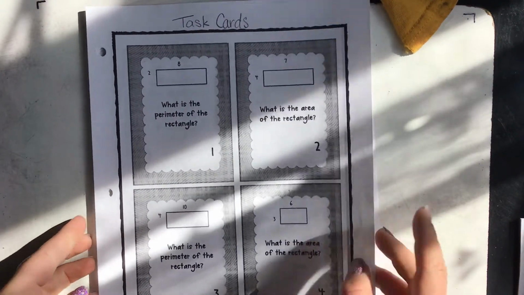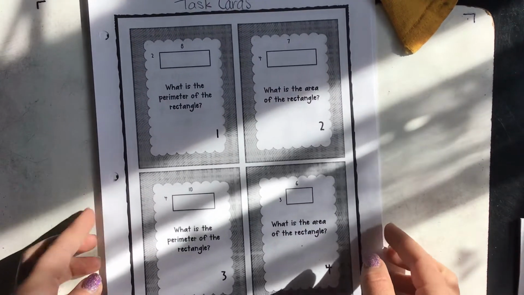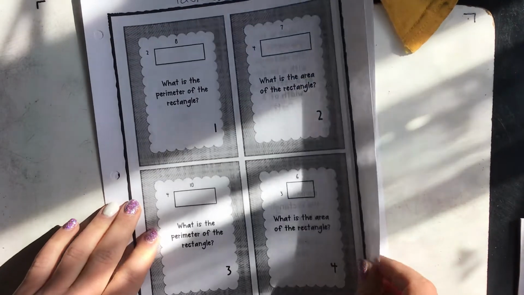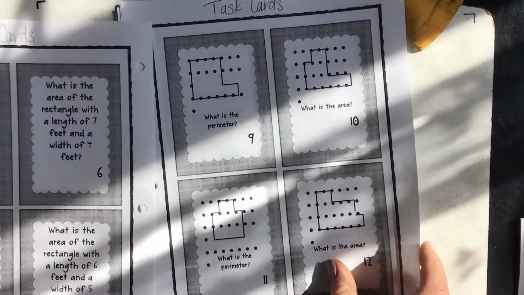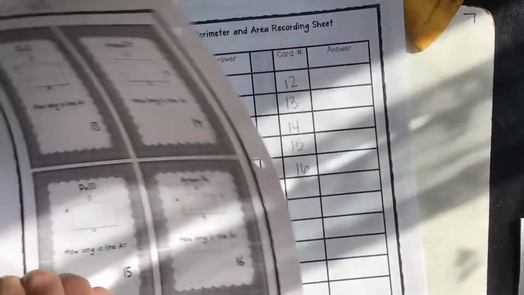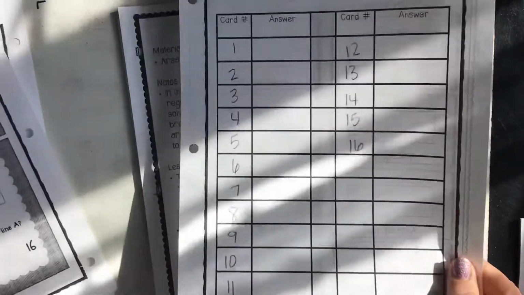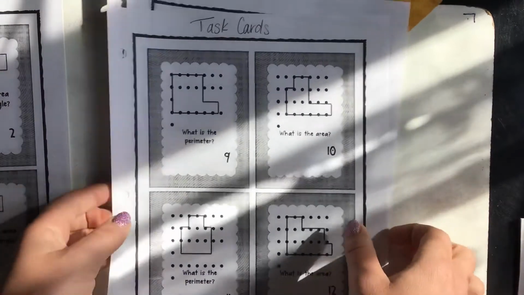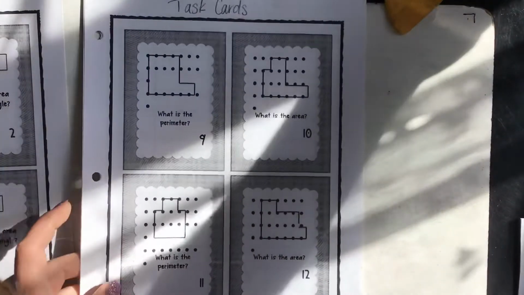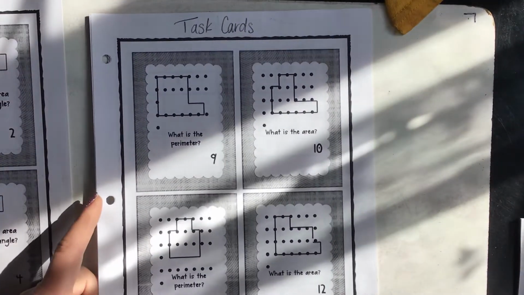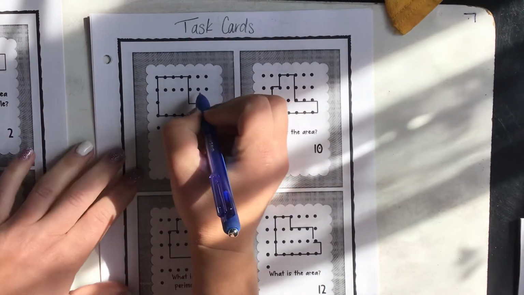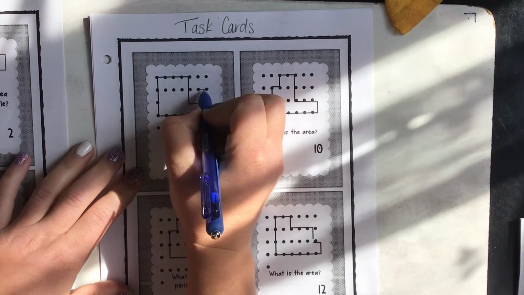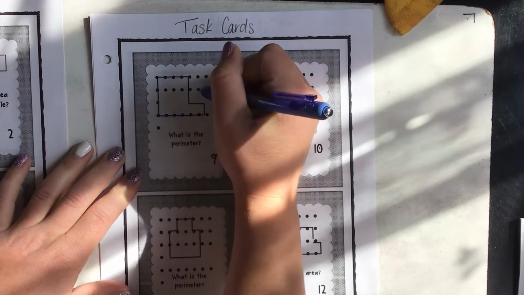Task cards, you've done these before in class. You answer the task card and then record it on the recording sheet. When you get to these, just remember that from one point to the next point is 1 unit, okay?